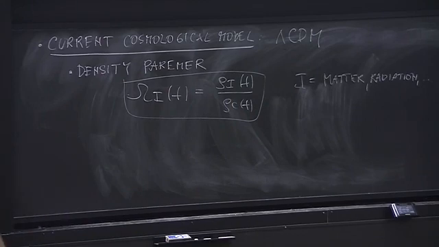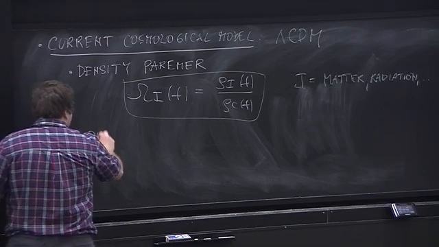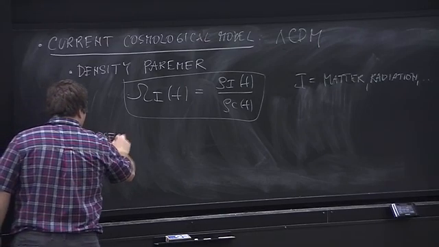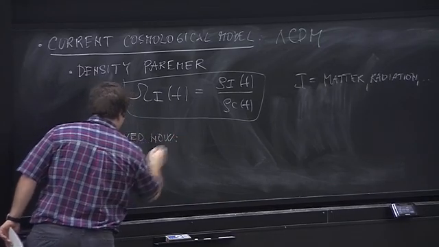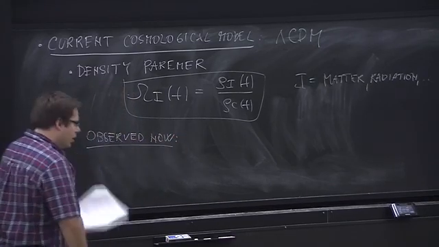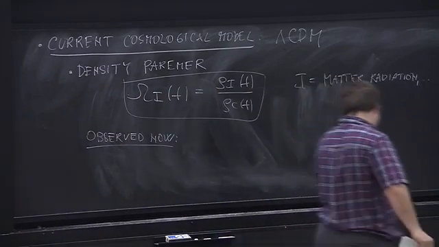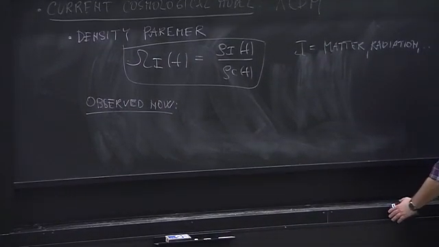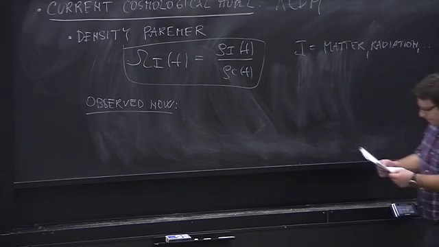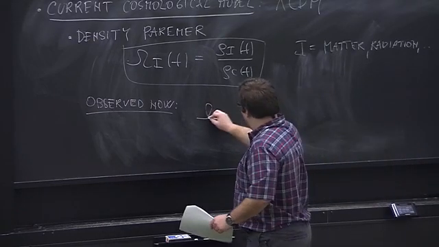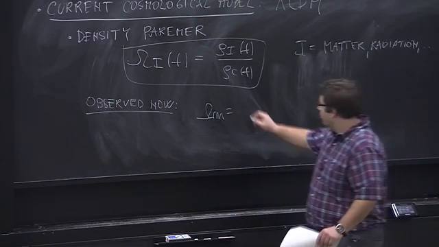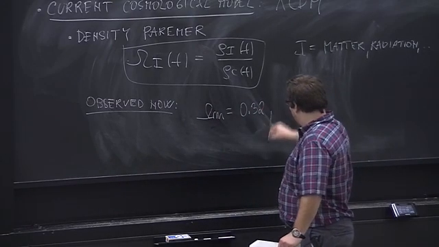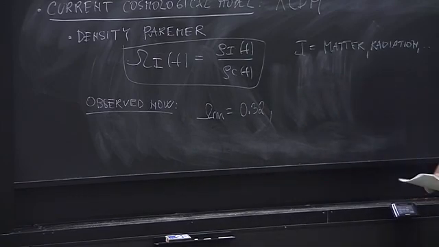And so what is currently observed now is the following composition of the universe. Omega for matter is 0.3.